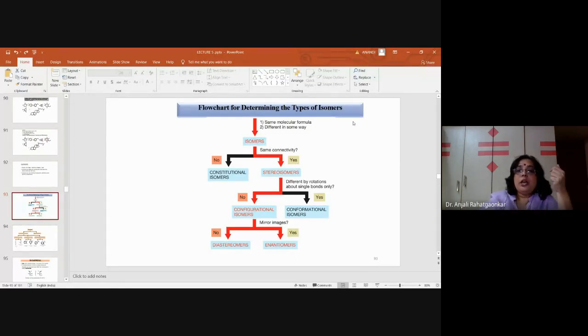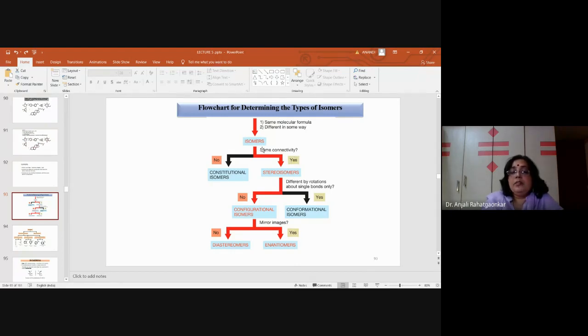So the flow chart of the isomer tells you that there is the same molecular formula but different in some way, meaning some connectivity or connection with the other atoms. So they are isomers. If isomers have the same connectivity, if the answer is yes, they are stereoisomers.